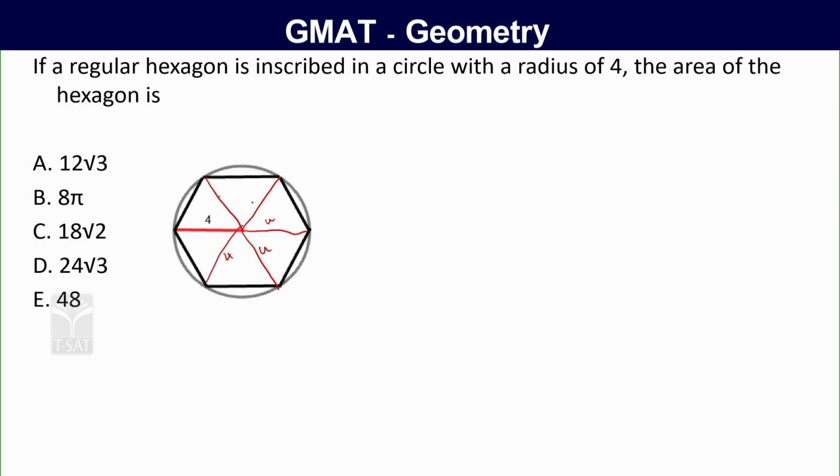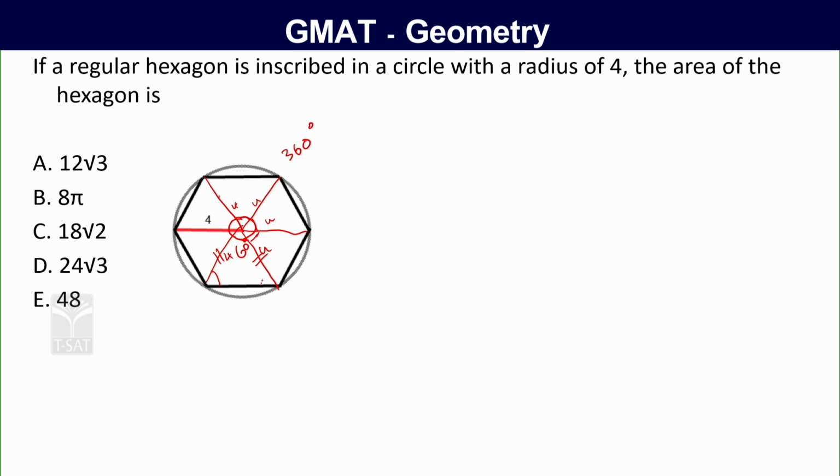They are all equal to 4 units, and we know that the angle that a circle subtends at the center is 360 degrees, and here we are dividing that into 6 parts, with each of these angles subtended at the center in these triangles. So each angle is equal to 60 degrees, and these two sides are equal to each other.